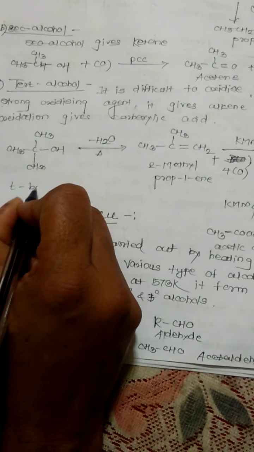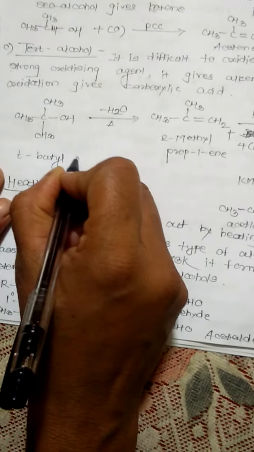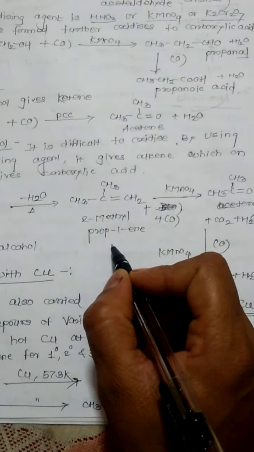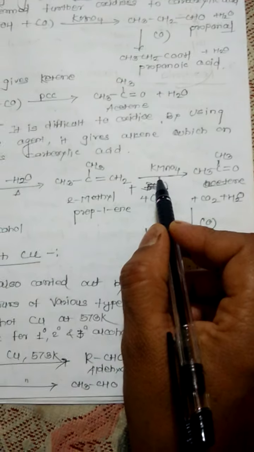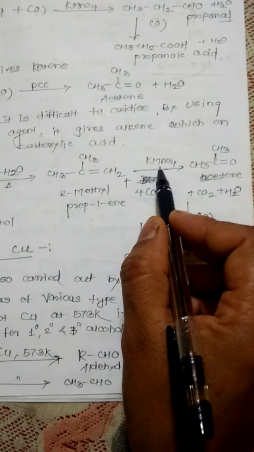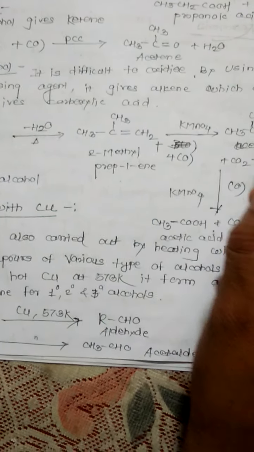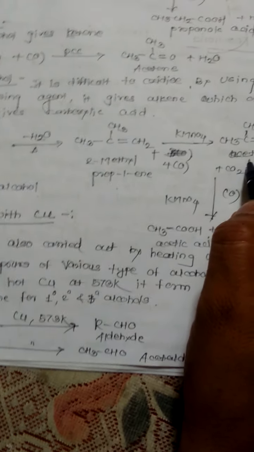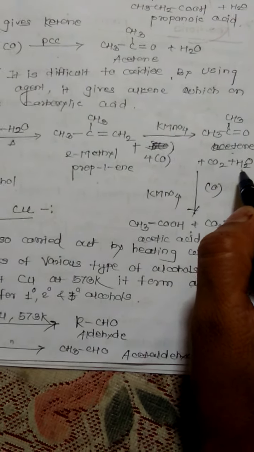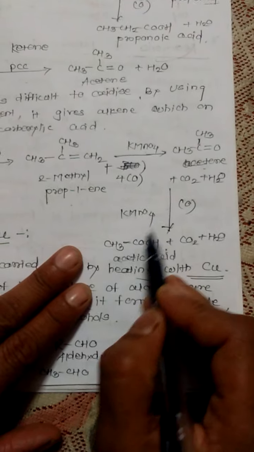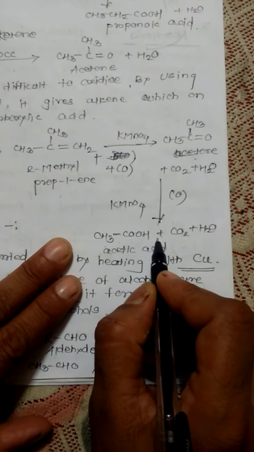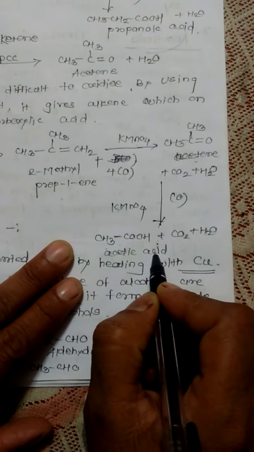This tertiary butyl alcohol on dehydration forms an alkene, and this alkene on oxidation by a strong oxidizing agent, potassium permanganate, forms a ketone known as acetone, and this acetone on further oxidation gives a carboxylic acid known as acetic acid.